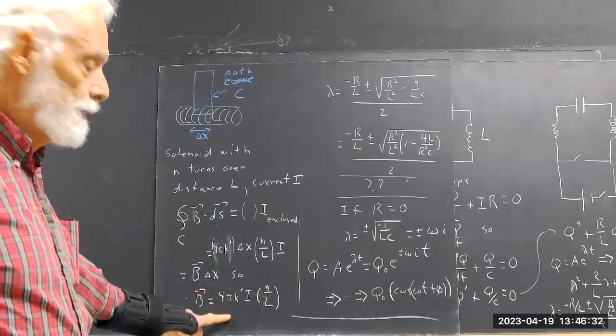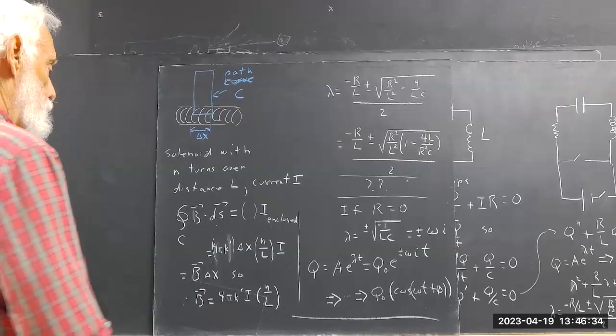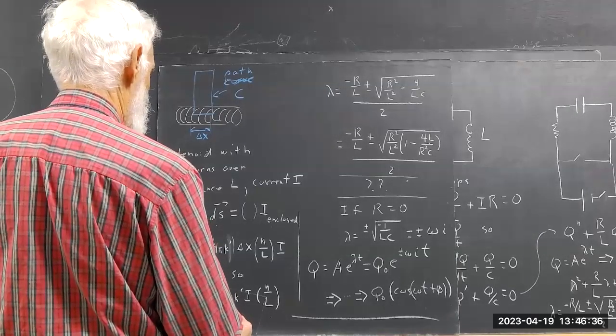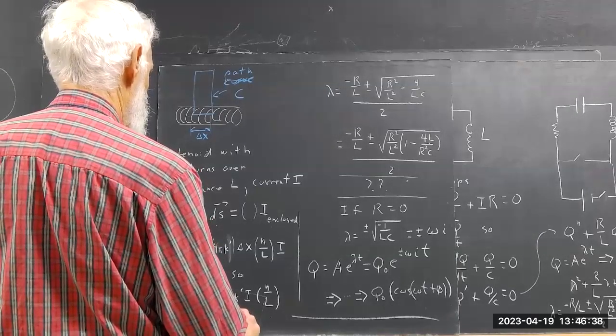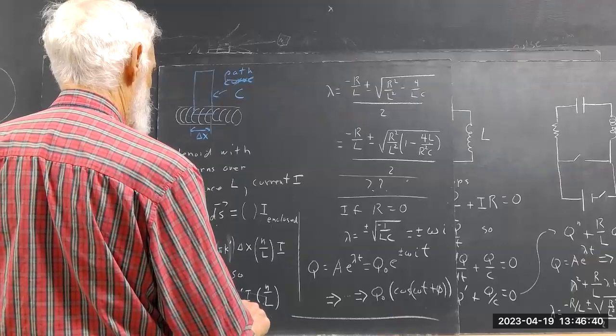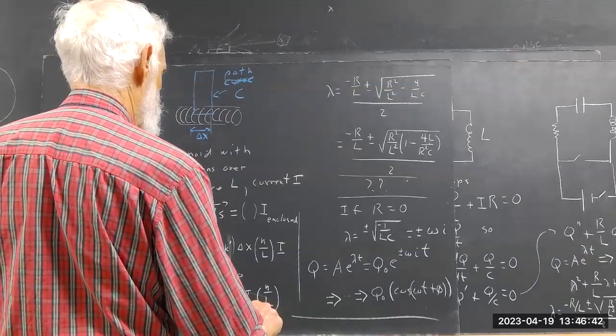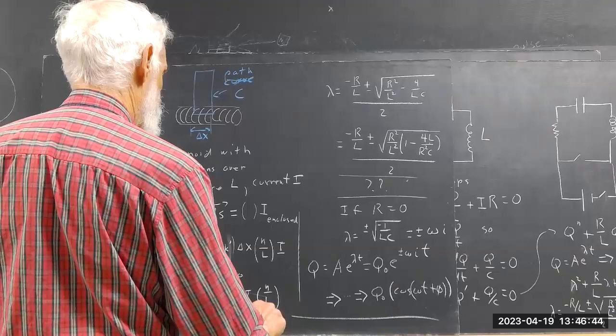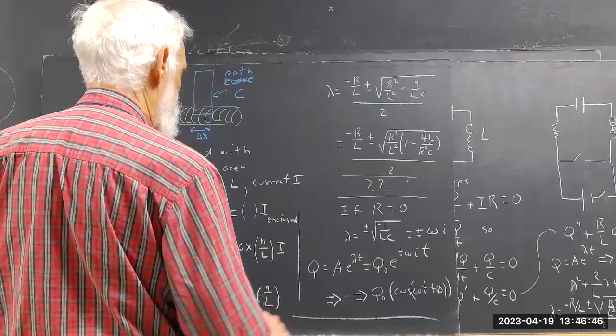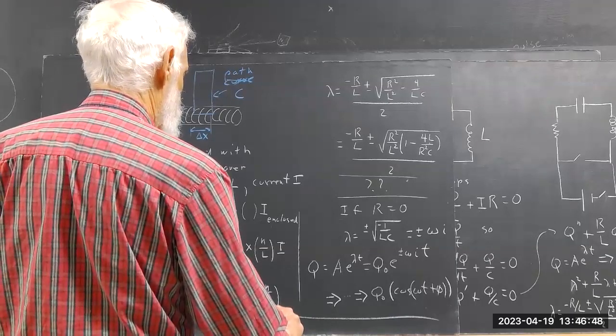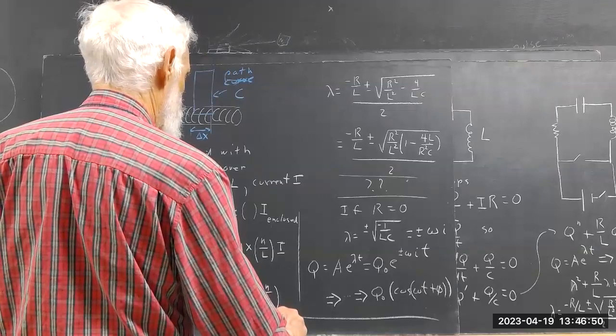This is the field of the solenoid, which you could also write as mu naught I times N over L, which I think is in the notation of your text, a standard notation.